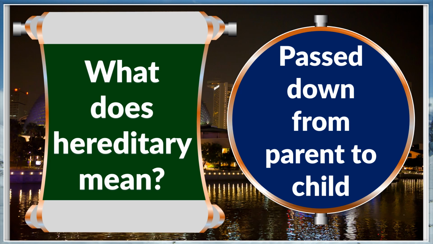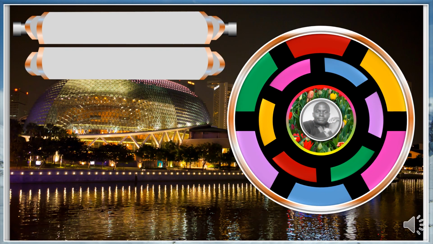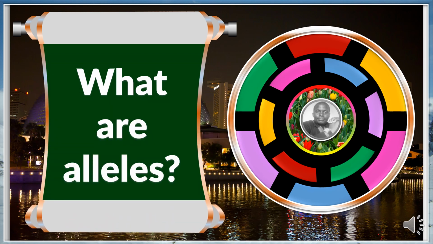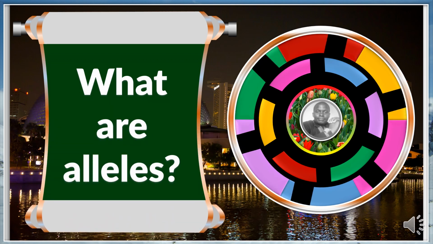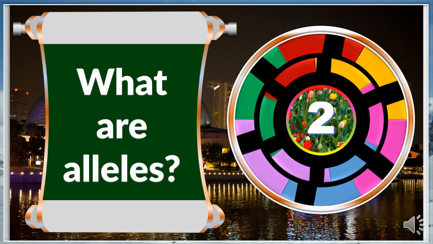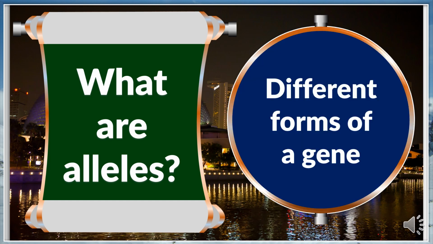Passed down from parent to children. What are alleles? Different forms of a gene.